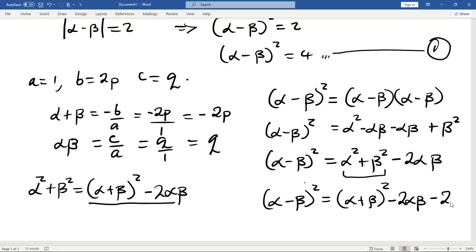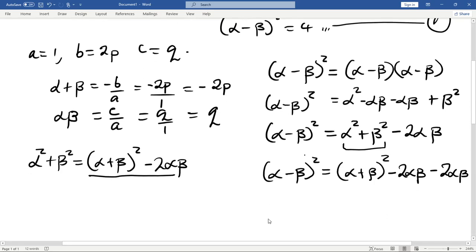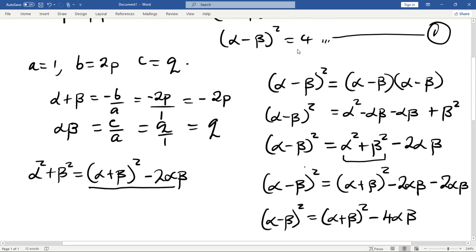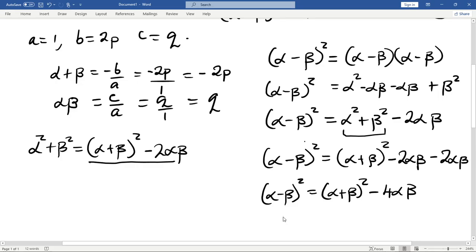Since these are like terms, we can add them, so alpha minus beta squared is equal to alpha plus beta squared minus 4 alpha beta. The value of alpha minus beta squared is 4, so we can substitute 4 for it.